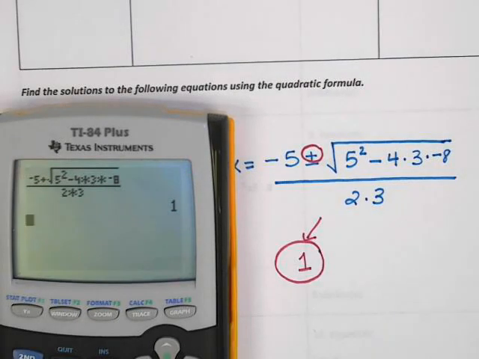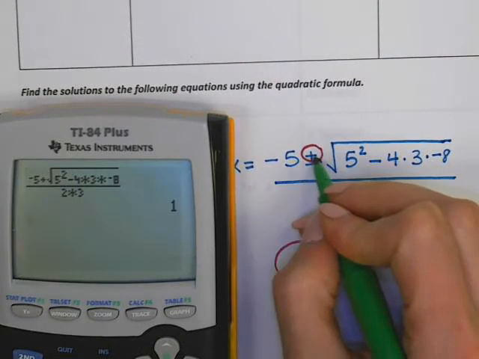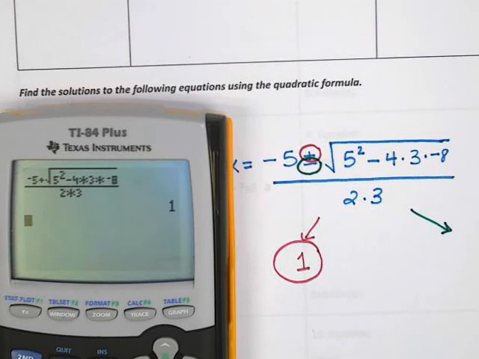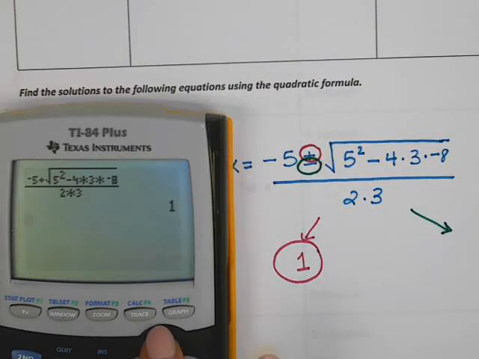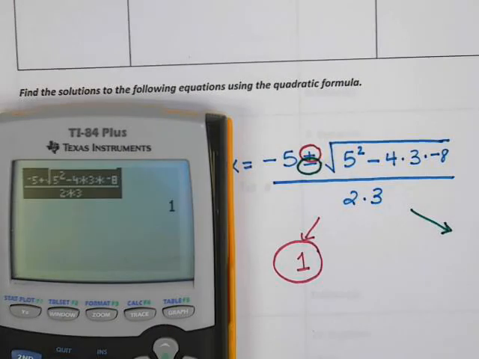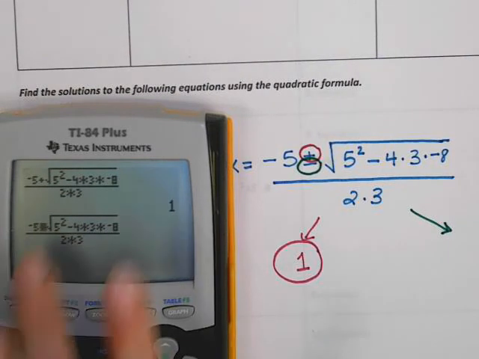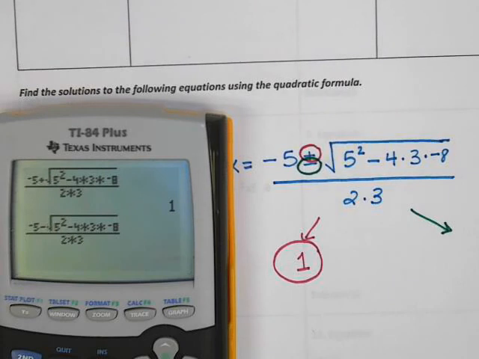And now we got to do it all over again with the minus to get our second answer. But remember, you don't have to do it all over again. You could just go back up and hit enter, and you could just adjust and turn that plus sign into a subtraction sign. And that way you don't have to type it all in again.